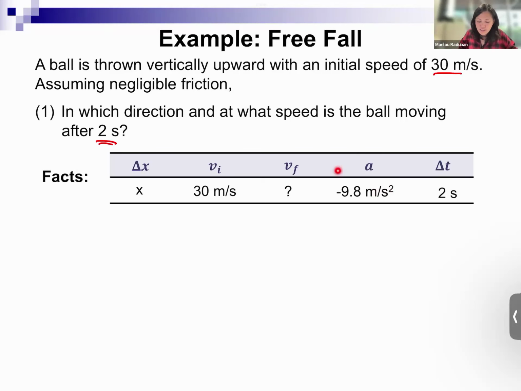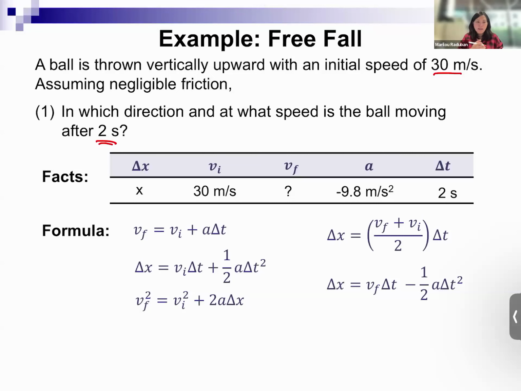The acceleration is under free fall. Although the problem doesn't give you the acceleration as 9.8, you know that because it's free fall, it's negative 9.8 meters per second squared. And the problem asks you to find the final velocity after 2 seconds. We don't know the displacement after 2 seconds.